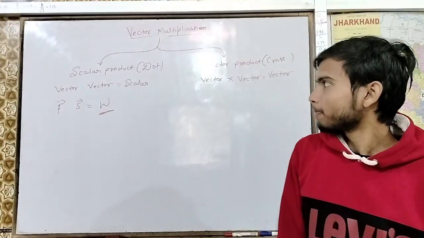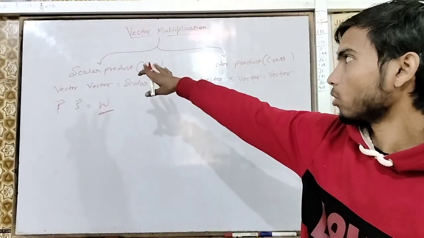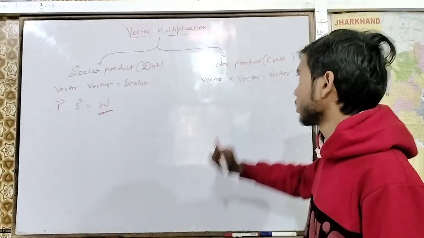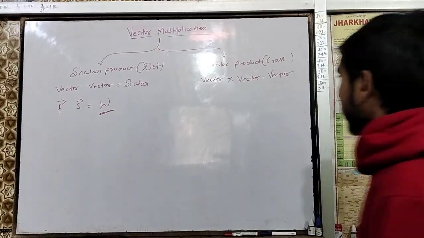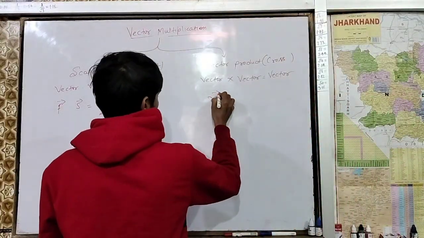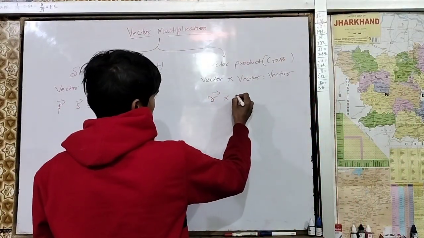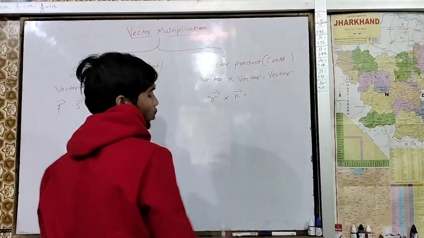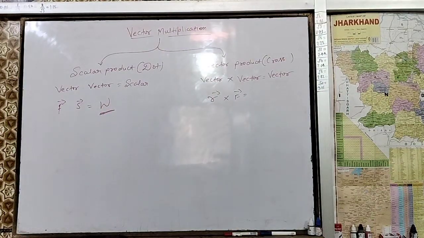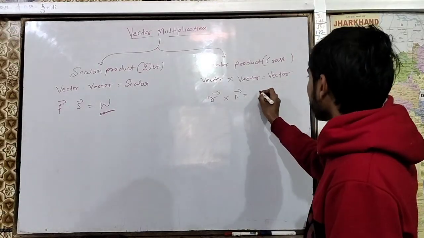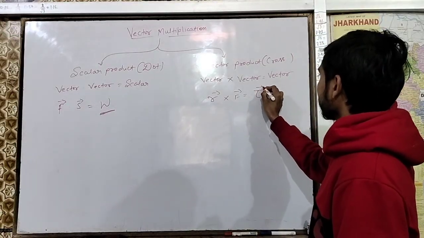This was an example of a scalar product. Now, r vector cross F vector will be torque. The symbol of torque is like this.